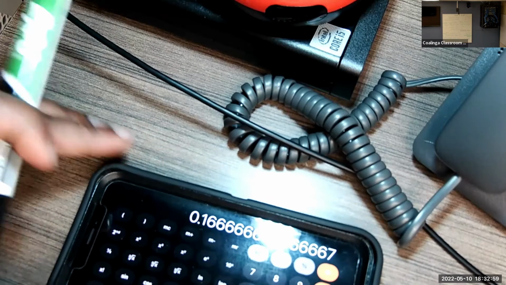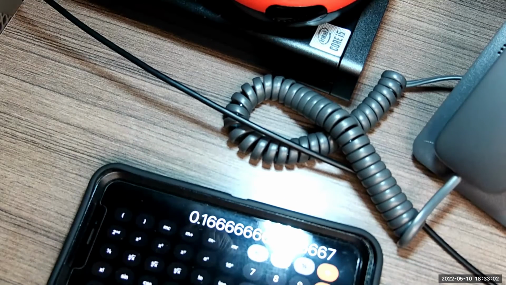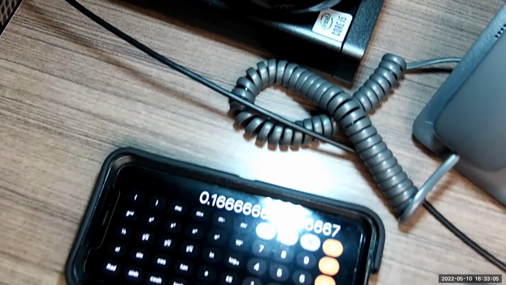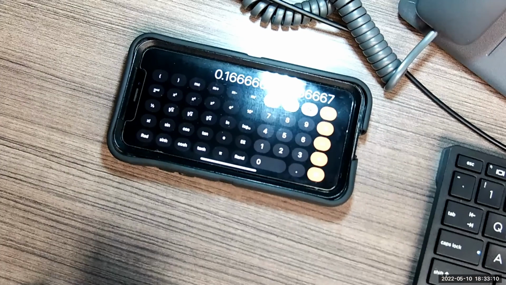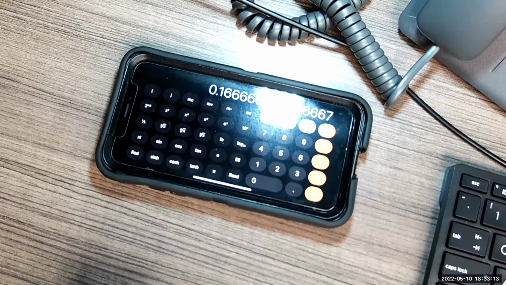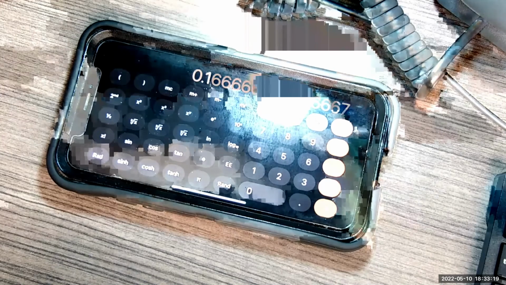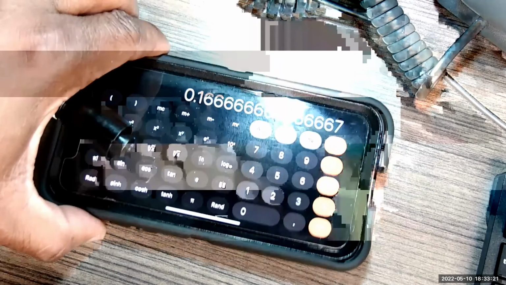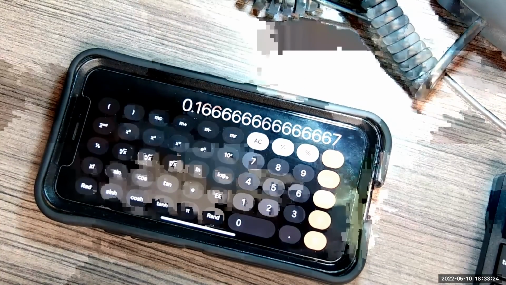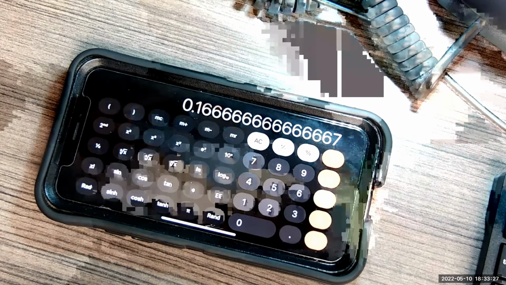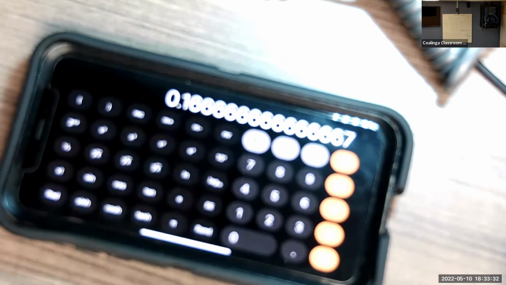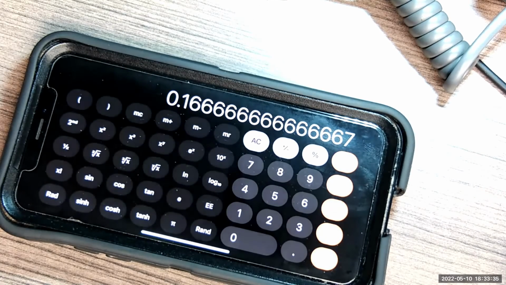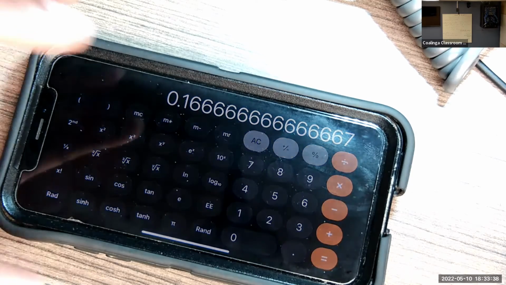You need to put it up a little. Oh, that's perfect. So you guys are able to see it. Now it's blurry. Oh, there it is.